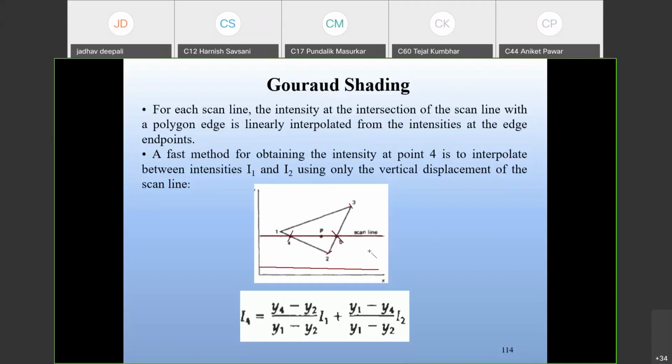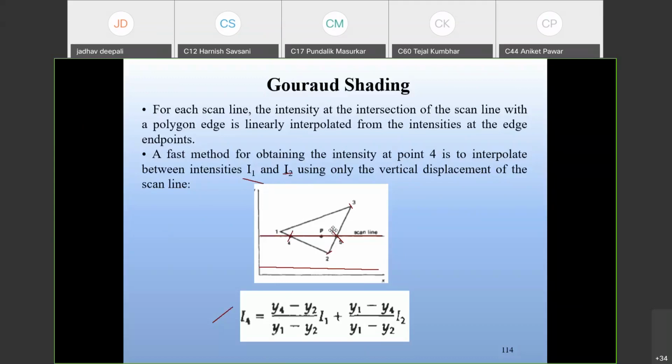So, to obtain the intensity at point 4, we need the intensities of vertices 1 and 2: find the intensity I1 and the intensity I2. In this way we can find the intensity I4 with this equation.